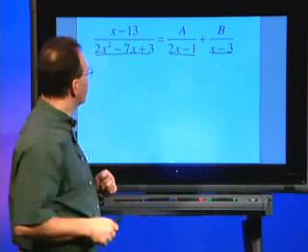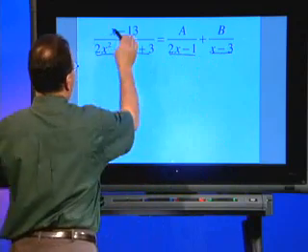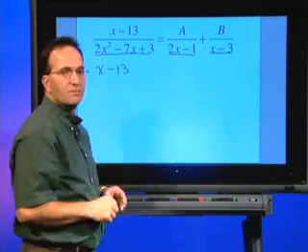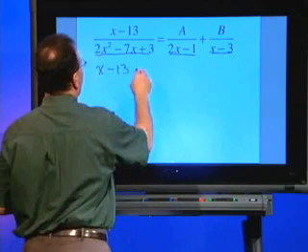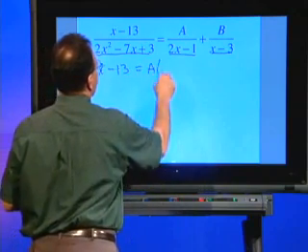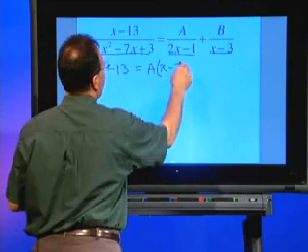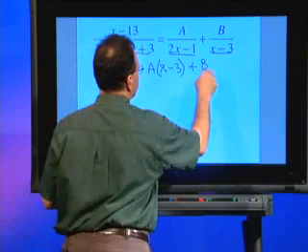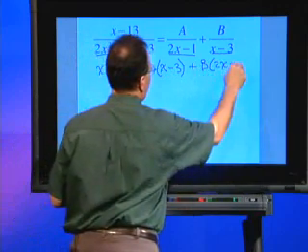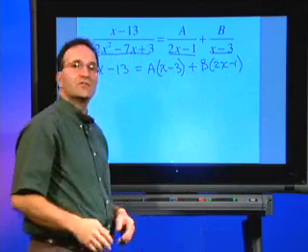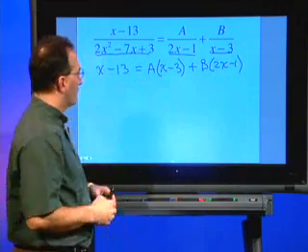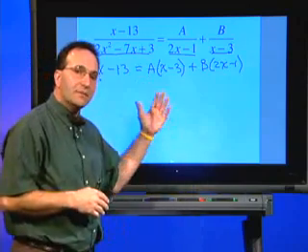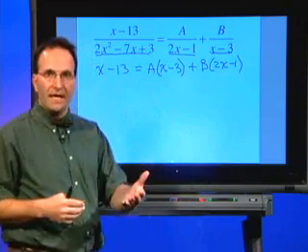So what that gives us is, if we multiply over here, it cancels out completely, and we get x minus 13 equals a times x minus 3 plus b times 2x minus 1. And so, in order to solve for a and b, we need to substitute a value for x that eliminates one of them.